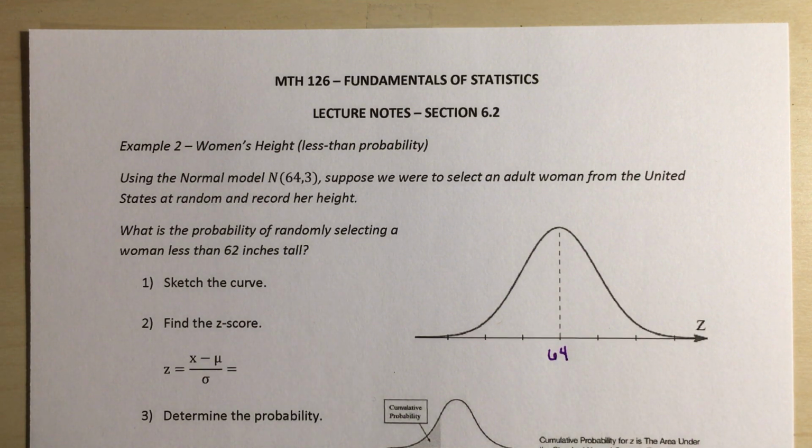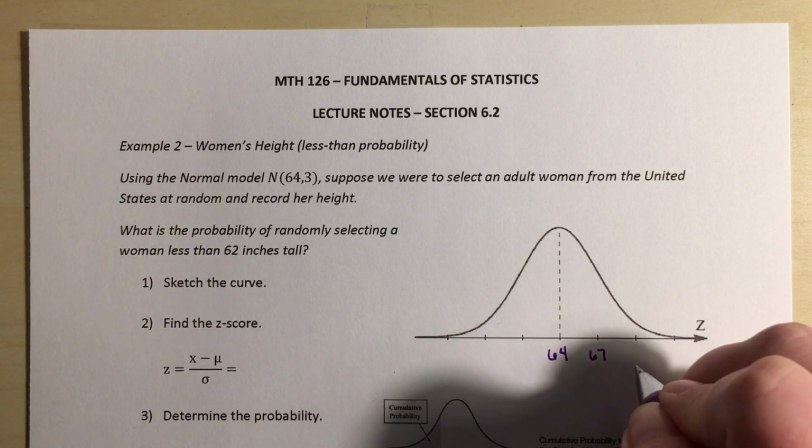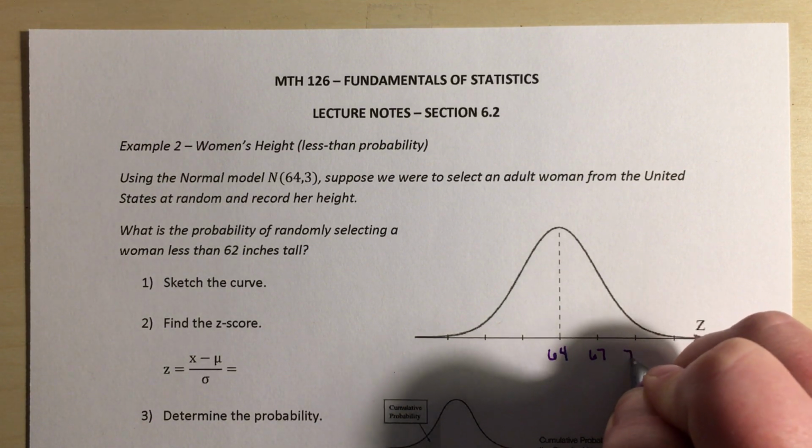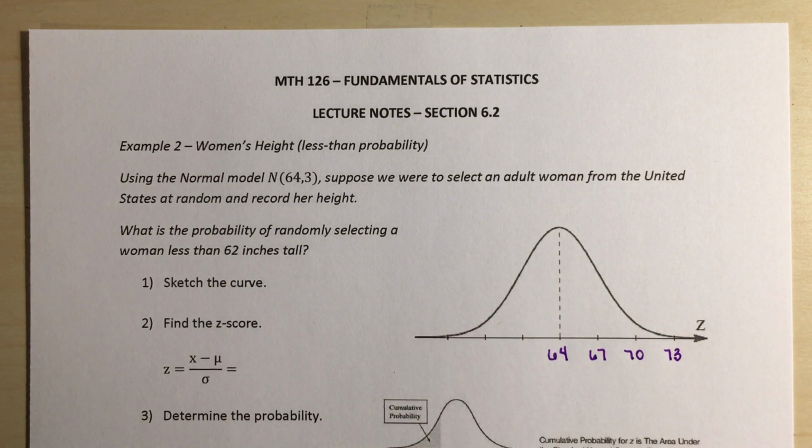As we're going to the left, we're going to keep subtracting our standard deviation. So 64 plus 3 gives us 67. 67 plus 3 gives us 70. 70 plus 3 gives us 73. So 1 standard deviation, 2 standard deviations, 3 standard deviations.